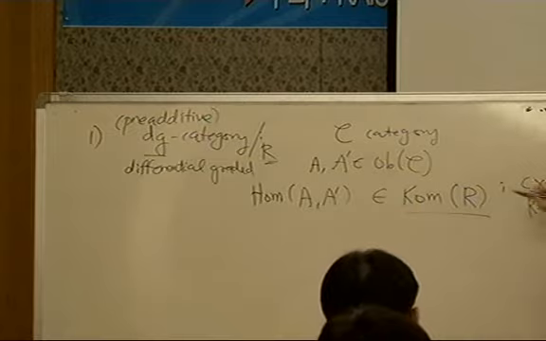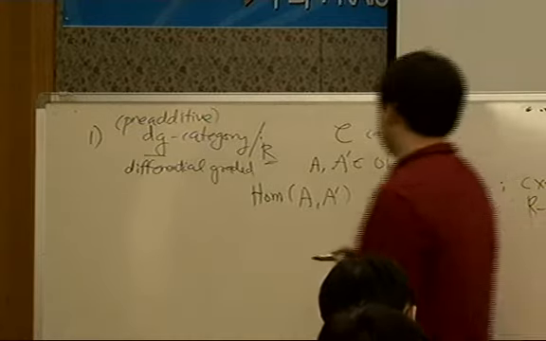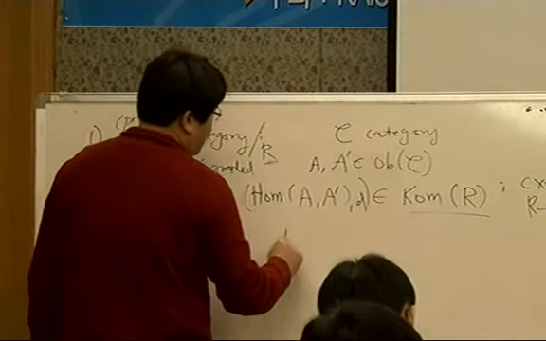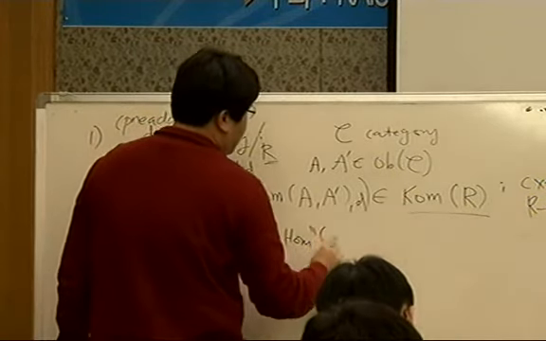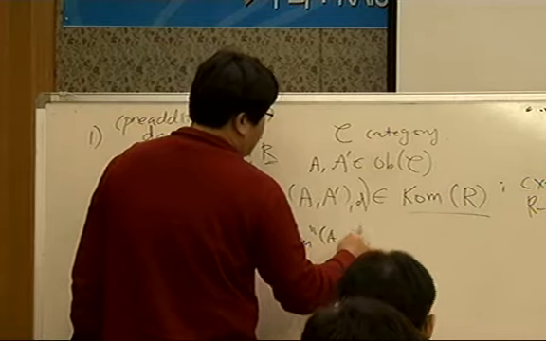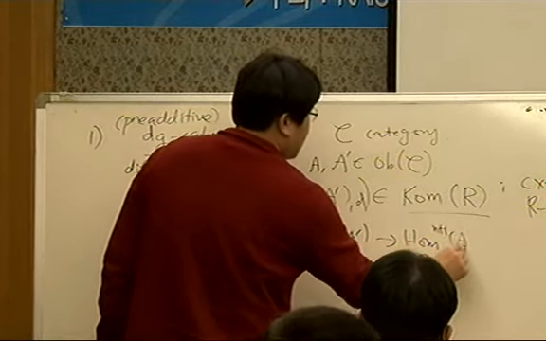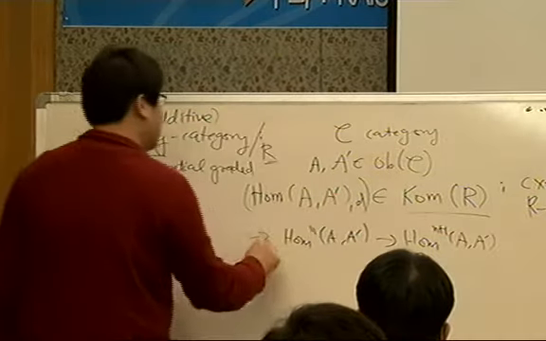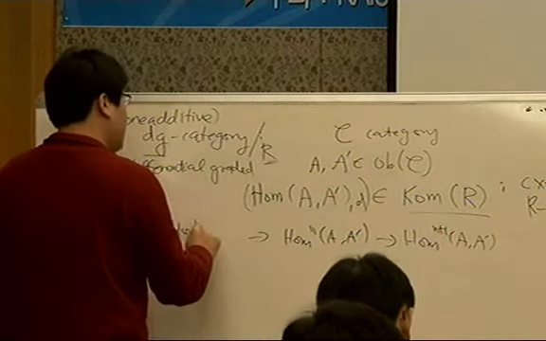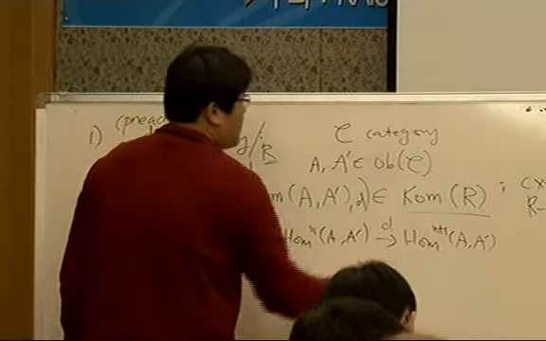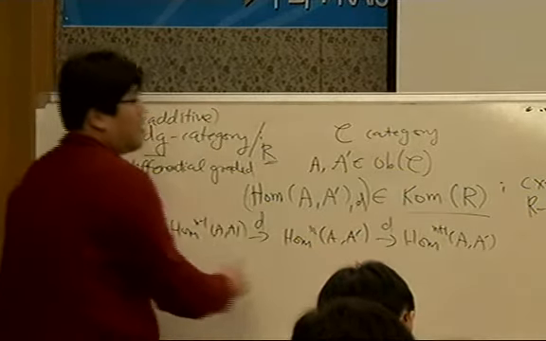Here we have a natural differential, because this Hom looks like this: we have Hom degree n of A and A prime that goes into Hom degree n+1 of A and A prime, and we have Hom degree n-1 of A and A prime, and at each step we have a differential. This is going to be a complex.